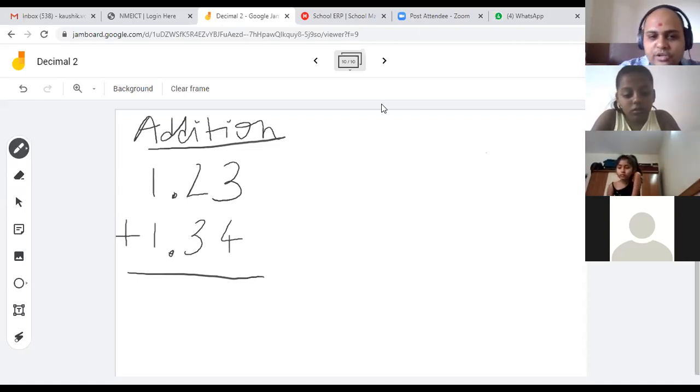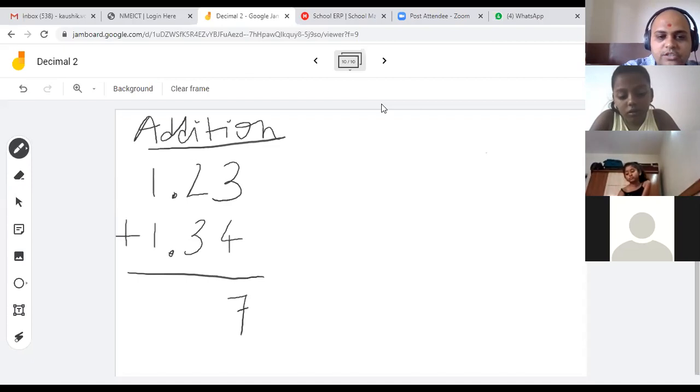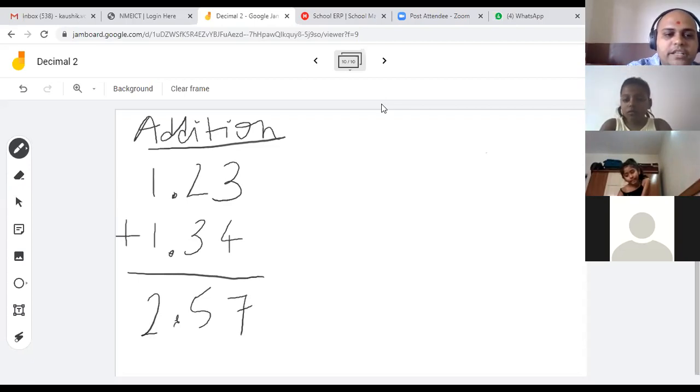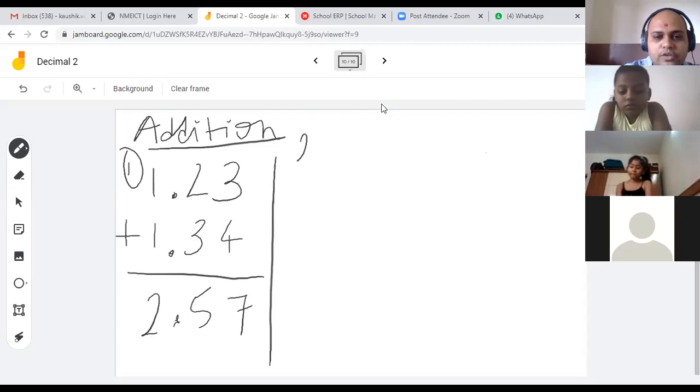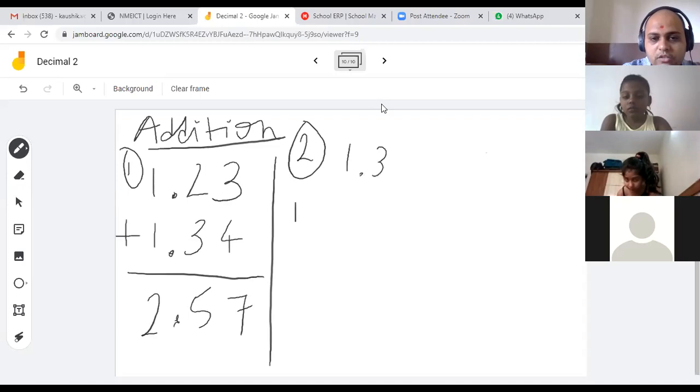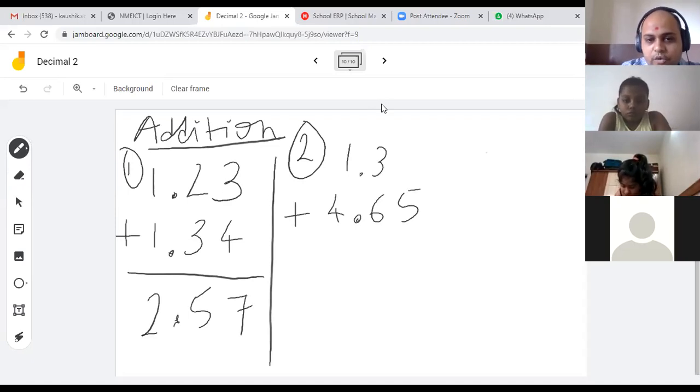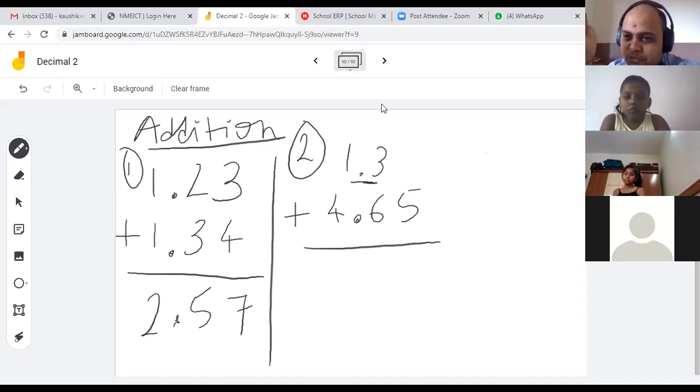Now it is simple addition. 4 plus 3, 7. 3 plus 2, 5. Again decimal point. 1 plus 1, 2. Okay, very easy. Next example we are going to take 1.3 plus 4.65. Now here, this number does not have 2 digits after the decimal point.